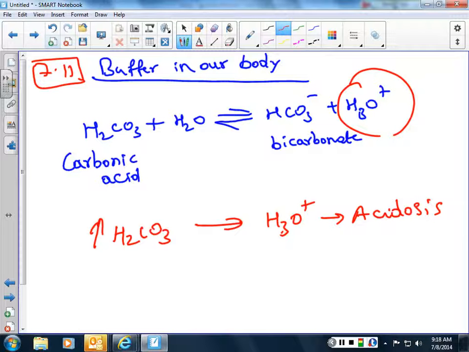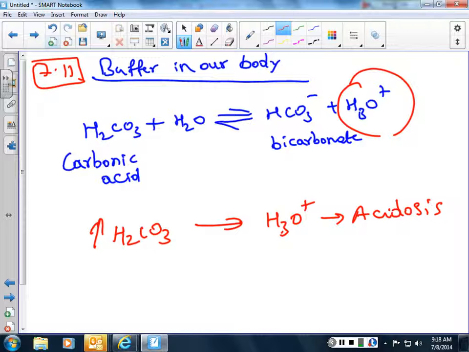In our body, we have a certain amount of this and this. But if you increase it for some reason, we are making more acid, and then the condition is called acidosis. Correct?